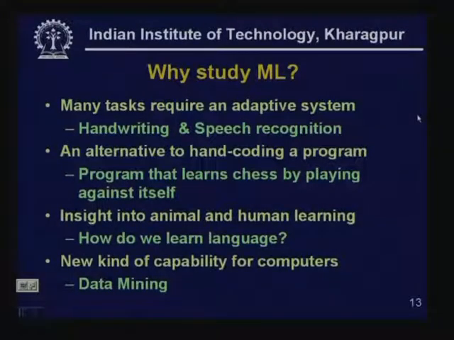Now, let us just review why the study of machine learning is so important. There are many tasks that require an adaptive system, that require a system which can learn. For example, handwriting recognition and speech recognition are examples where an adaptive system is required. Learning is also useful as an alternative to hard coding a program.